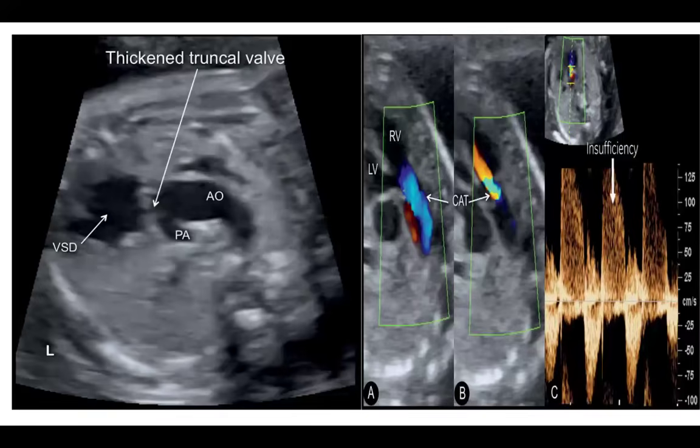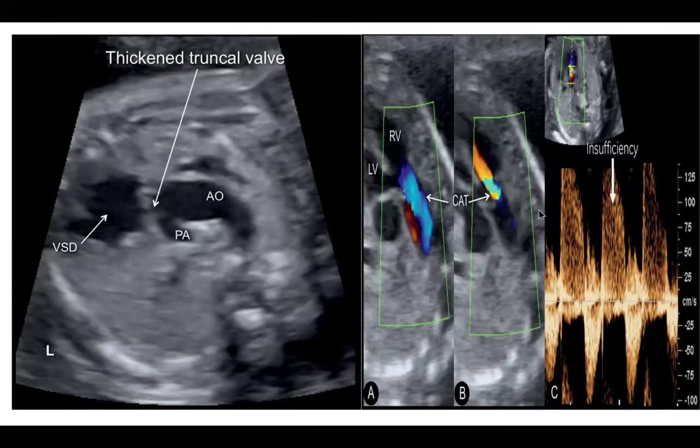Okay, so here once again, we can see where we have a VSD. It's more from the 3-vessel view or trachea view. And you can see where there's one common trunk and you have a thickened valve. Okay, and naturally, when you apply your color Doppler, we see that there is some insufficiency, followed by turbulence and so forth.